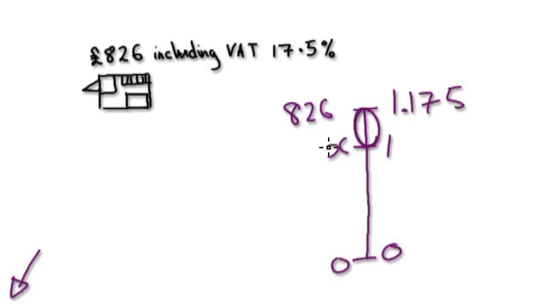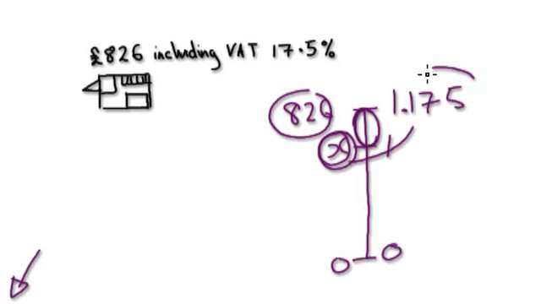If you work out the original price of the photocopier, then you can take 826 and take away the original price, and that will give you the amount of VAT that you can claim back. Once you've drawn this diagram, inside your mind, get the original times this amount here, and that should give you 826.